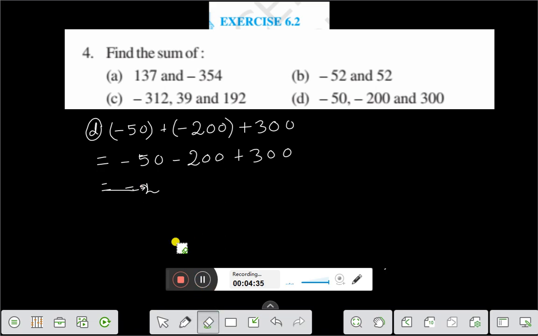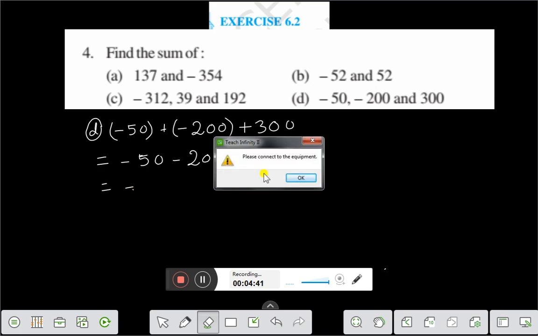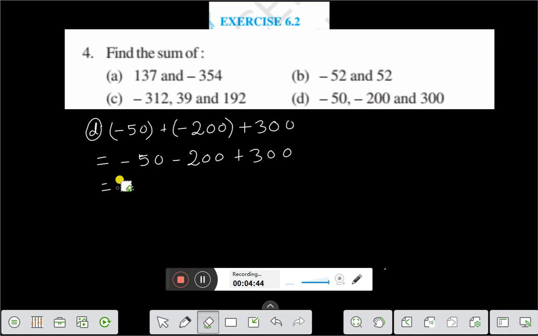Now 50 and 200, you have to add the numbers because they have the same sign.